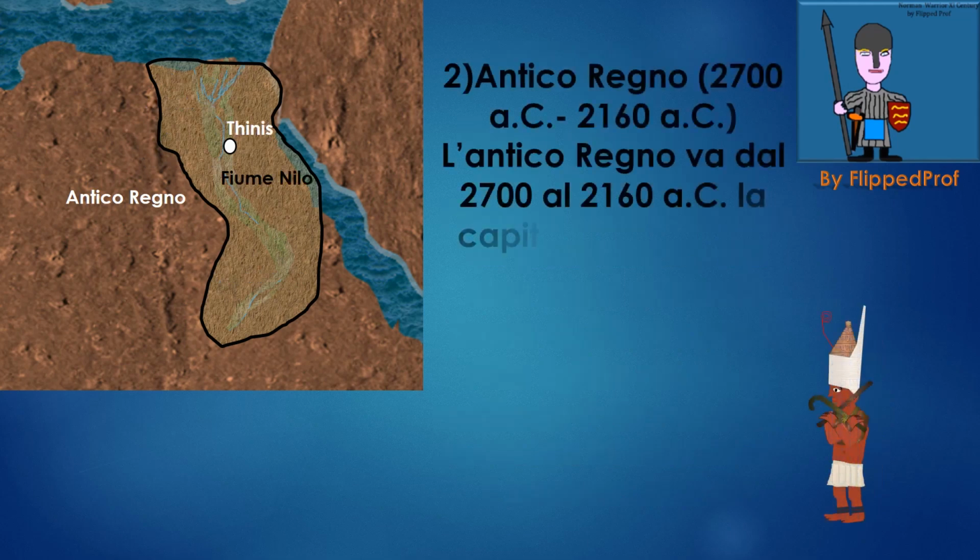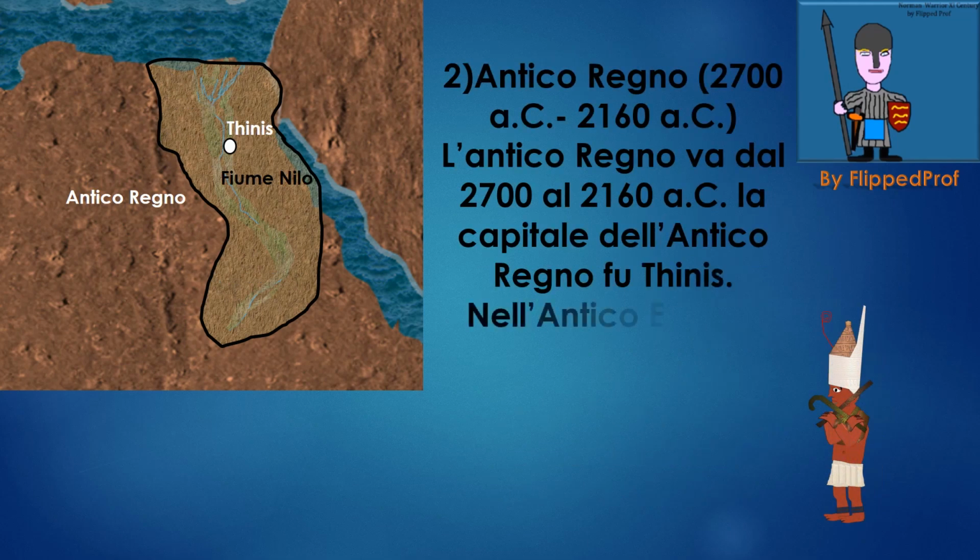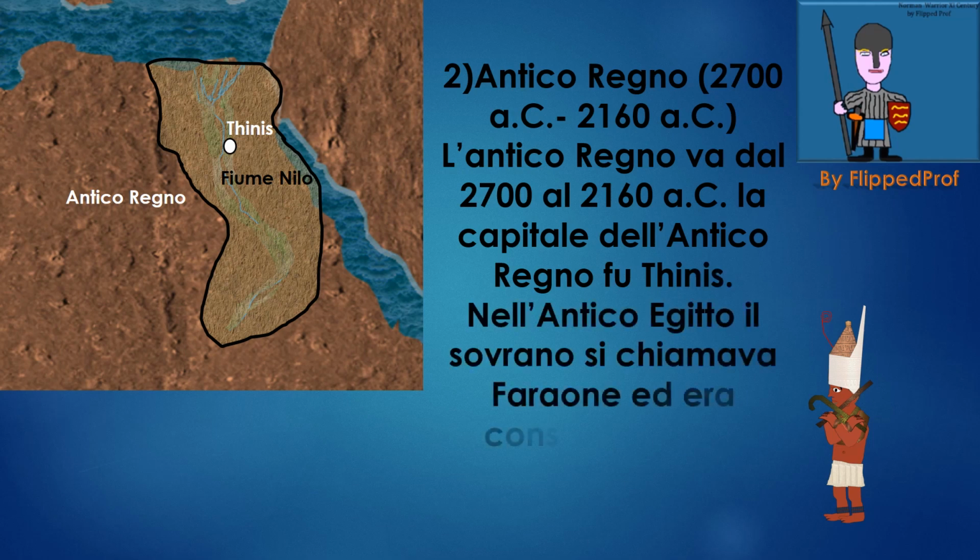The next period, as we have seen before, is called the Old Kingdom, which ranges from 2700 to 2160 BC. The capital of the ancient kingdom was Thinis. In ancient Egypt, the ruler was called Pharaoh and was considered a deity.